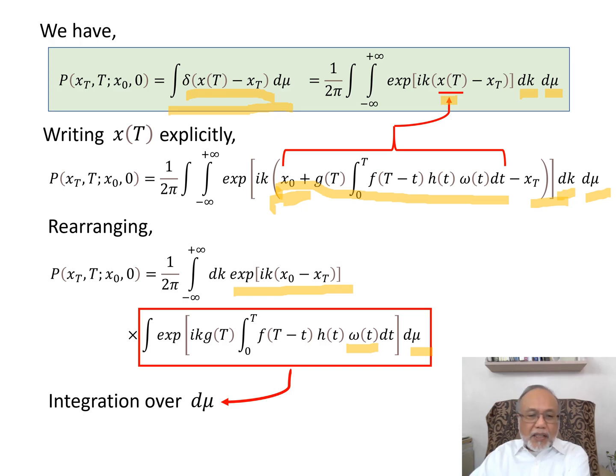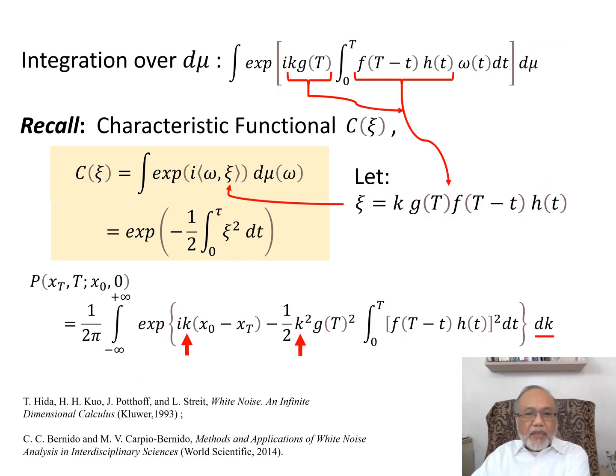Let's look at this integration over the Gaussian white noise variable, which looked like this on the previous page. If we let this k, g, function f, and function h be called some c, then this integral over the d mu would look like your characteristic functional.